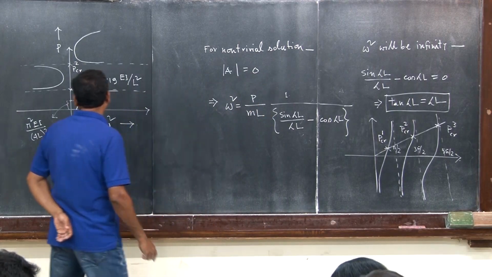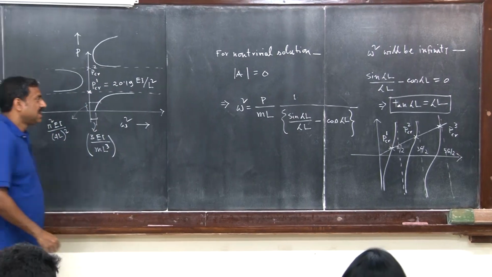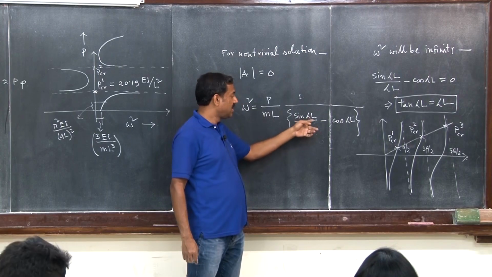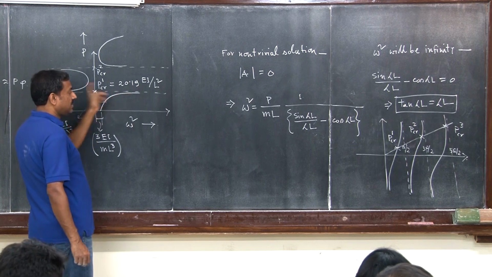So the first critical load, where it is becoming infinity, from positive omega square. This omega square is positive because this one is lesser than this one. So it is increasing, then it becomes infinity, right?